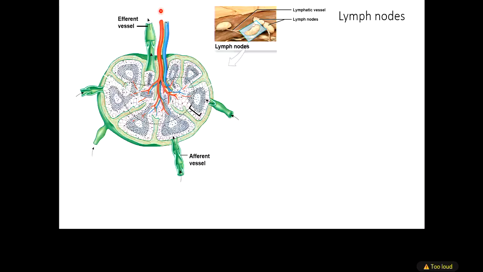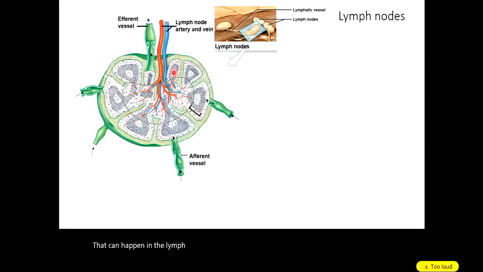What this means is that the lymph is going to spend a longer time inside the lymph node because it has multiple paths of entry but only one exit pathway. So the lymph can spend more time in the lymph node, and consequently if any activation needs to take place, pathogens need to be dealt with, that can happen in the lymph node.